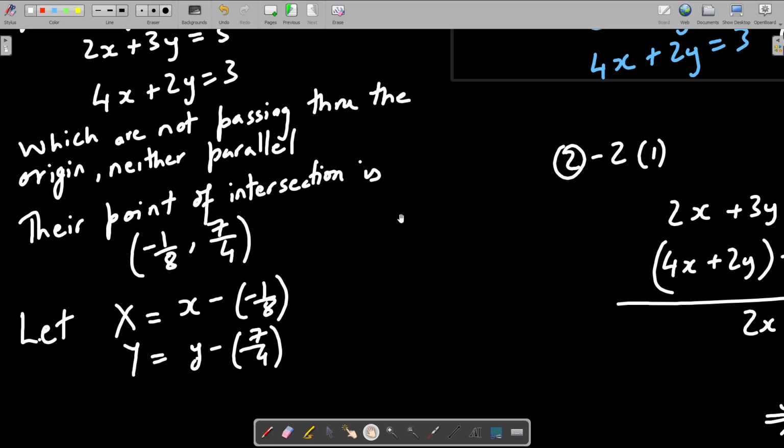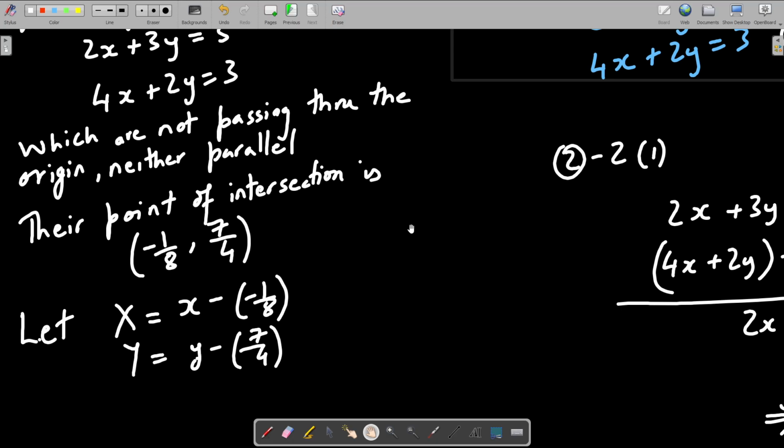Keep in mind why I am doing a subtraction here. This formula can get a little confusing after some time because I am going to do some operations on it. Why did I do x minus the point of intersection? Because I wanted to change the origin.